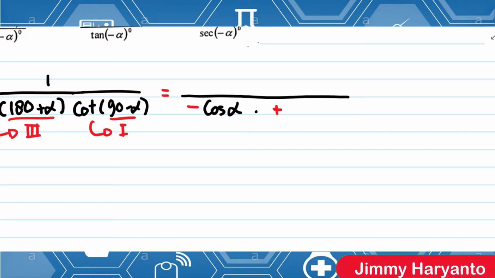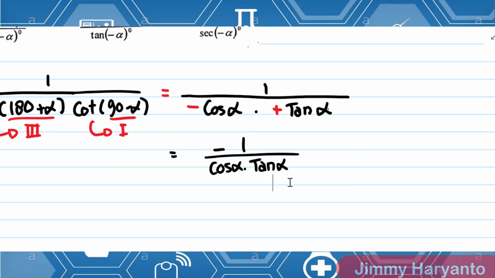Now for this one, it's also the same. Cotangent 90 will be changed into tan, and then alpha. So the result will be negative 1 over cos alpha times tan alpha. Okay, up to here you are already correct. Actually it can be continued, but later, not now.